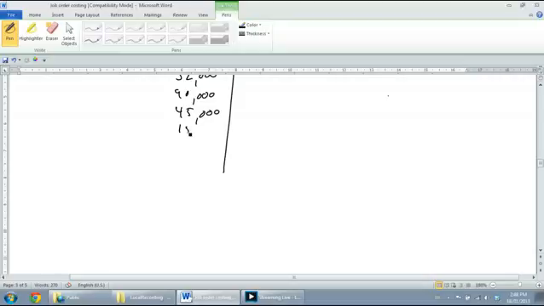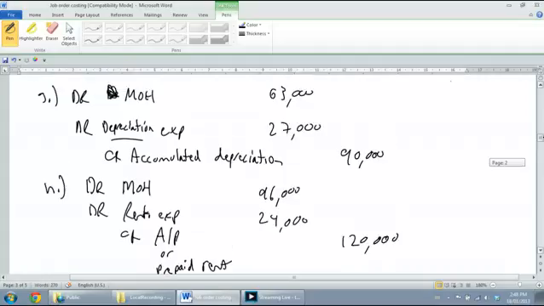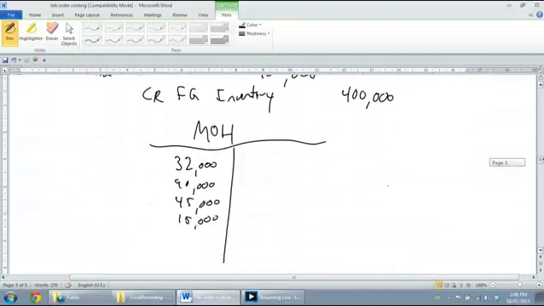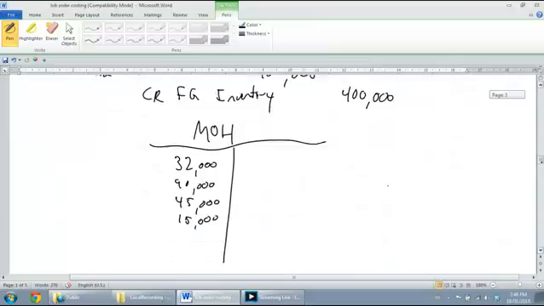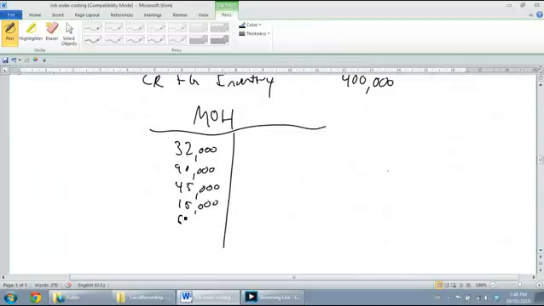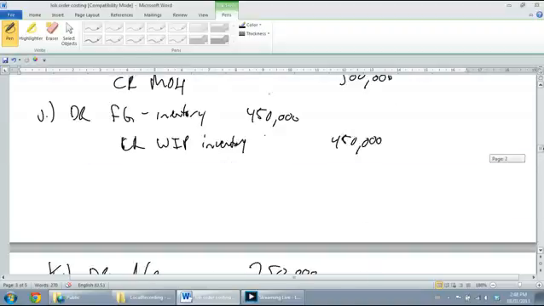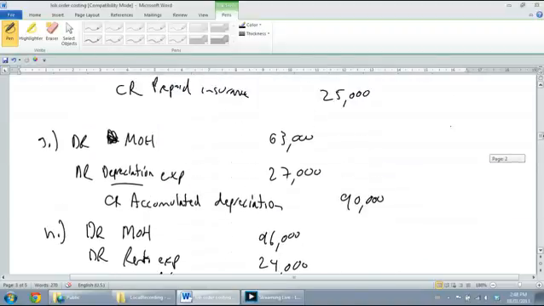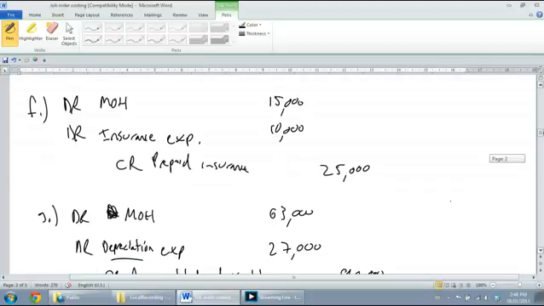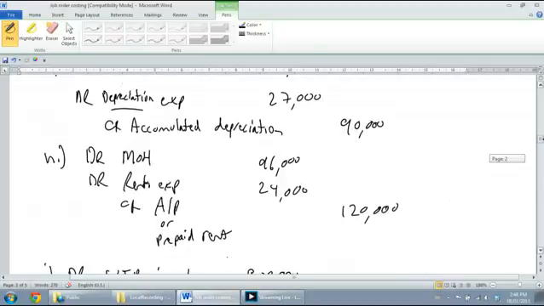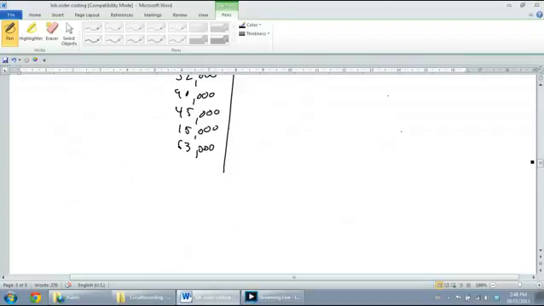F, debit overhead 15. Let's debit overhead 15,000. G, debit overhead 63. Okay, we'll debit overhead 63,000 bucks. Oh, my big fat hand got in the way there. Sorry, that was F and G. H, debit overhead 96.